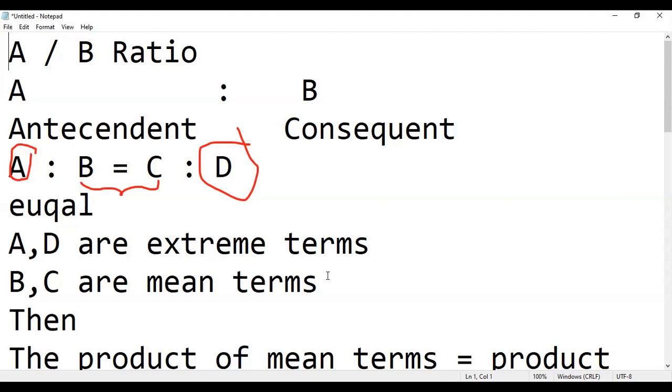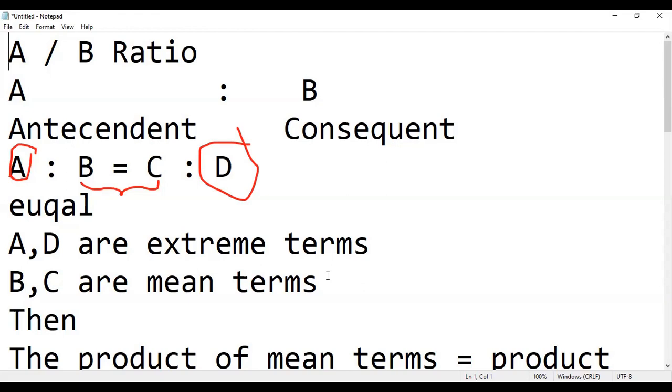That is, A comma D are called extreme terms.